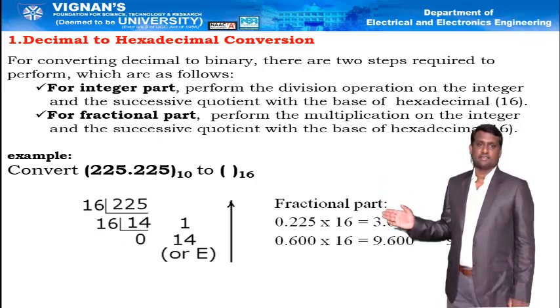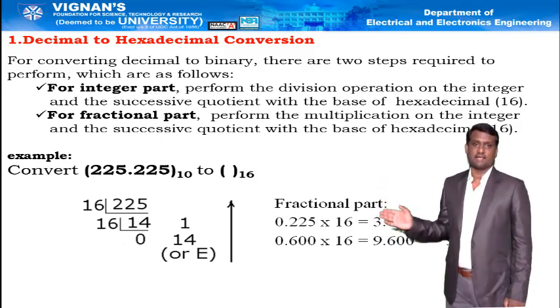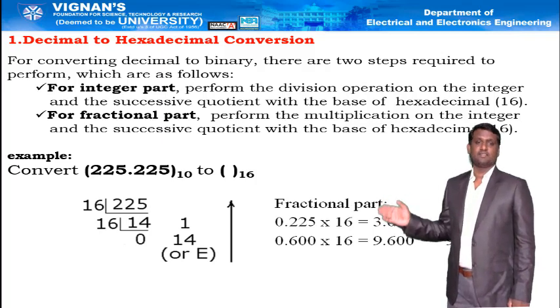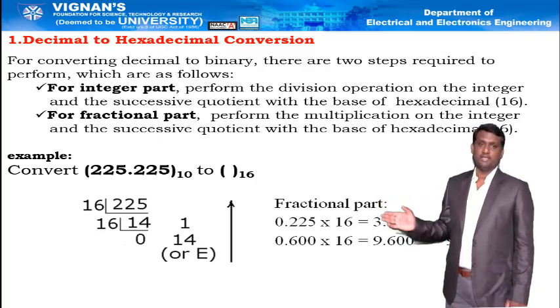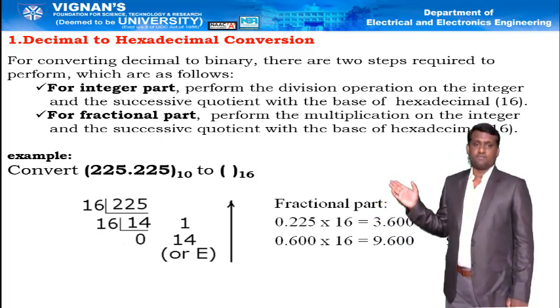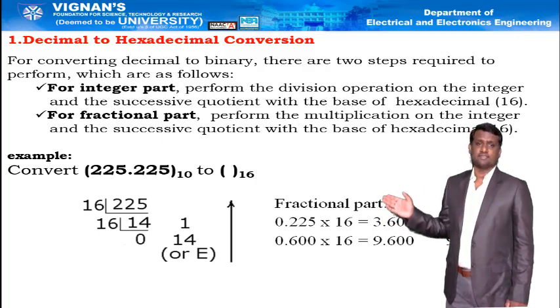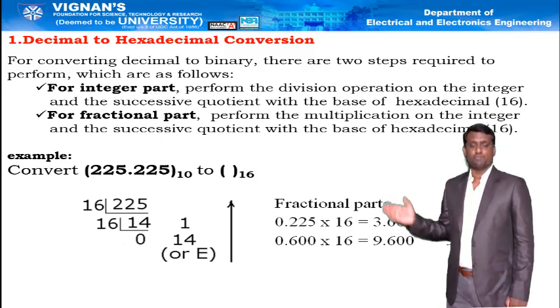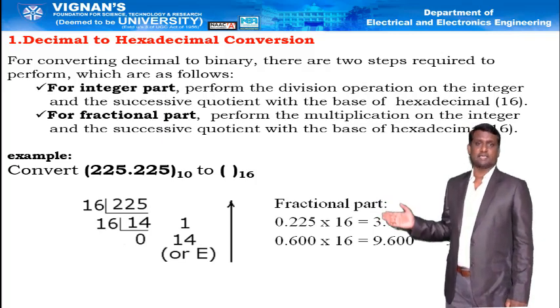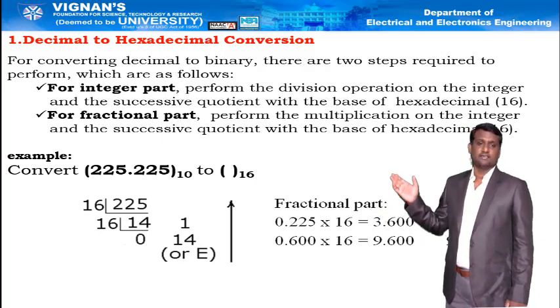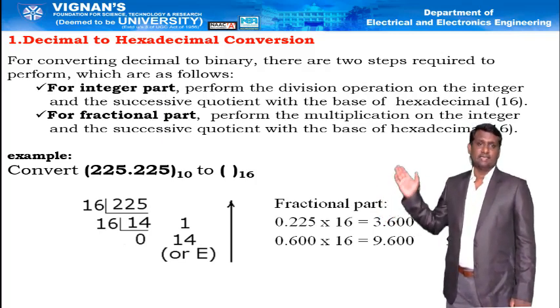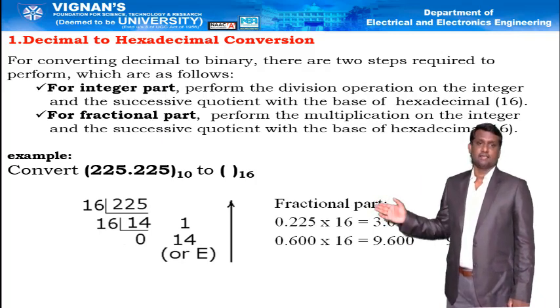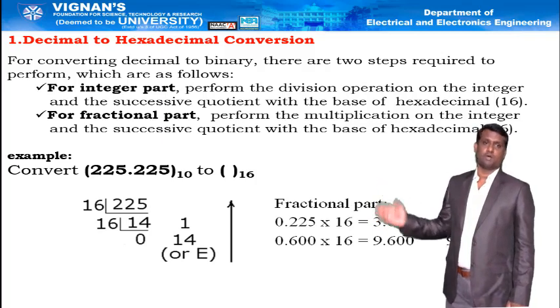The second part is the fractional part. Multiplying with 16, the integer value is 3 and the fraction is 0.600. Again multiplying that fractional part with 16, the obtained integer part is 9. Note down the integer values from top to bottom.